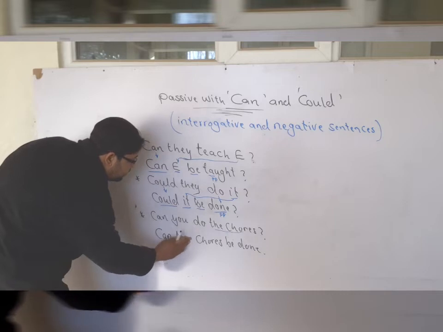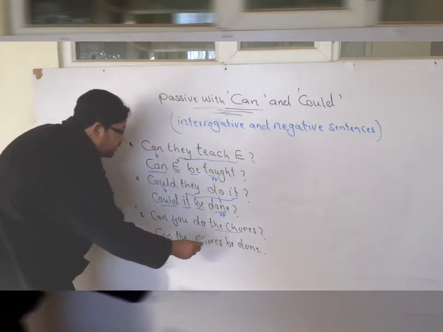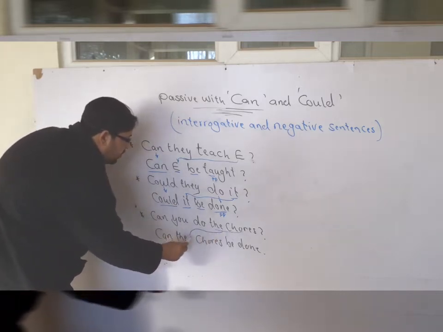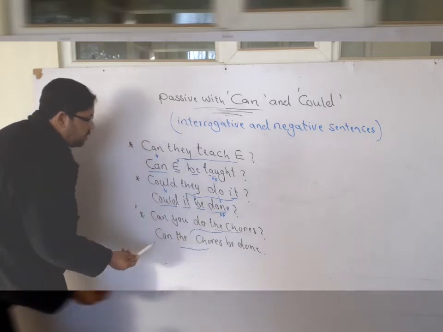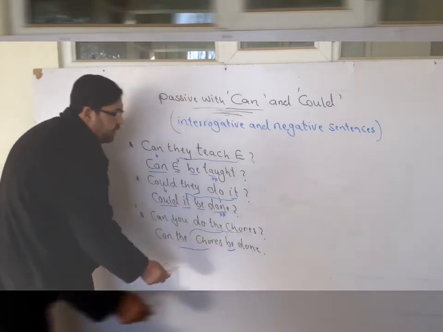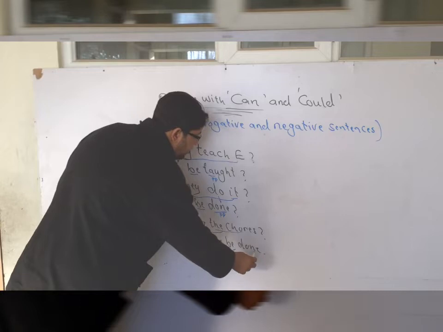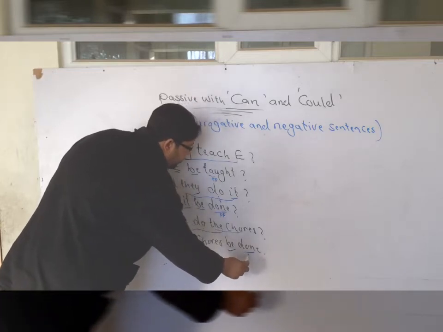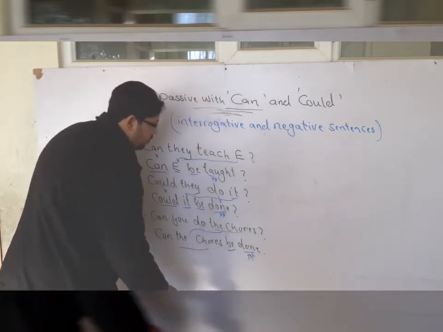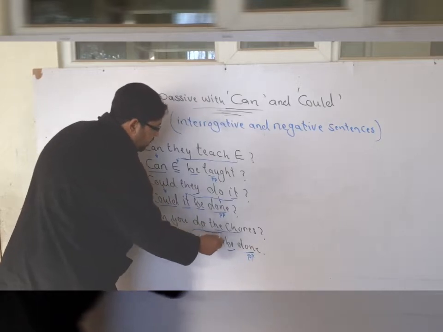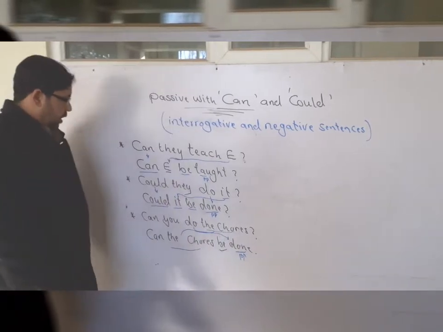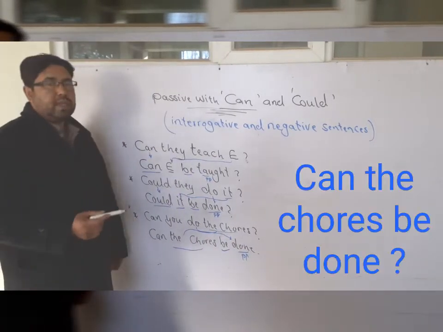Here it is be done. So we brought the chores at the beginning. Can the chores, after that be, and after be, the third form of the verb, which is done, the third form of do. Can the chores be done?